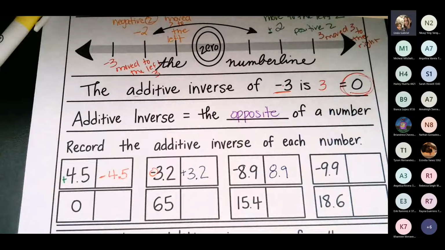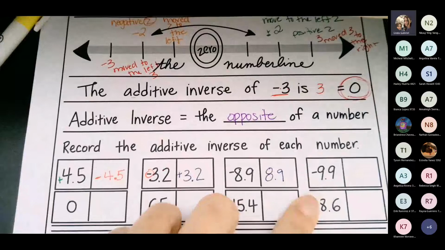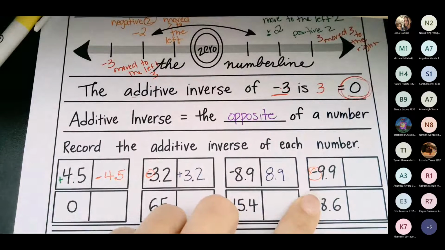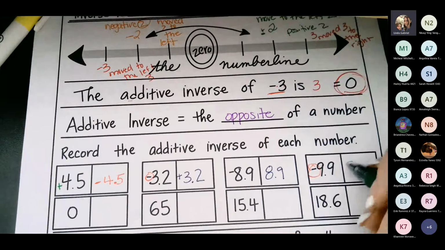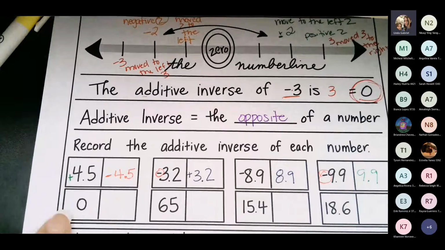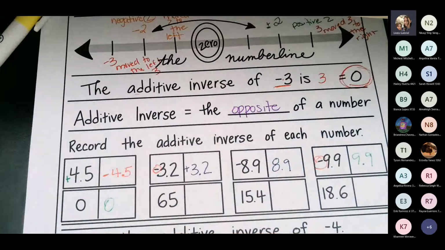What about 9.9? Negative 9.9. Perfect. Now it's going to be positive 9.9. Okay, so that means Ren's getting all of the points. 0, yep, 0 is just 0. Perfect. Yeah, because 0 is not going to be positive or negative.